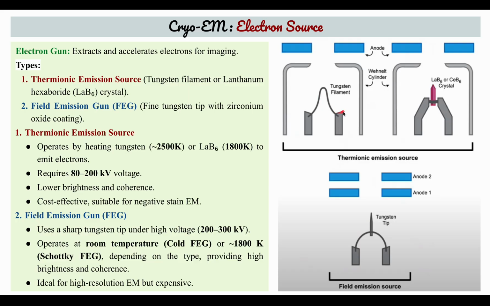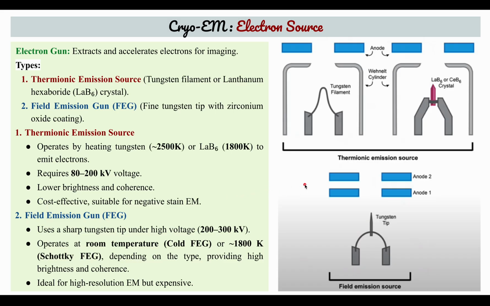So in this case, as you can see, the tungsten filament or this crystal are both heated so that they can emit electrons. The voltage required is 80 to 200 kilovolt, and it has lower brightness and coherence, and it is cost effective, and it is generally suitable if you are using negative staining electron microscopy.